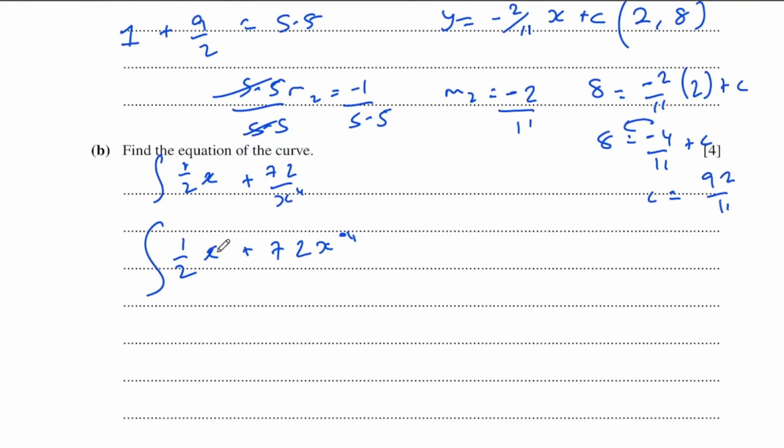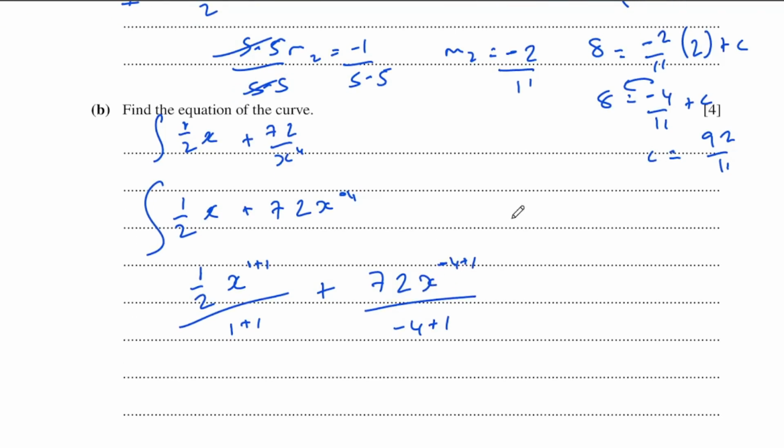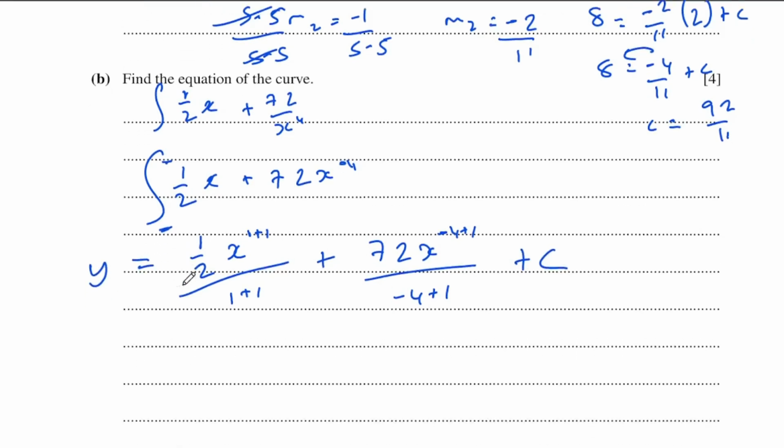You add 1 to the power and you divide by that same added power, right? So half x to the power 1 plus 1 over 1 plus 1, and then plus 72 x to the power negative 4 plus 1 over negative 4 plus 1. And that's going to be the integration. Remember, this is indefinite, meaning there are no limits here. And so you're going to add c at the end, which you'll have to find later. So y equals that.